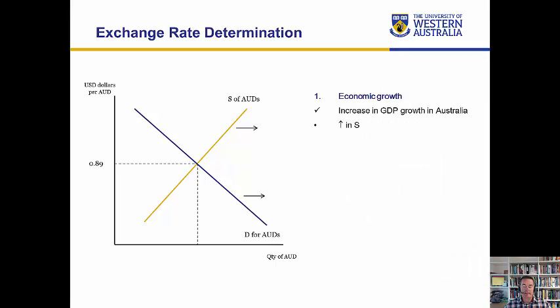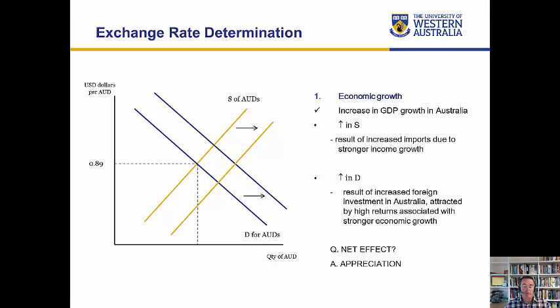Okay, now let's consider some of the main driving forces behind exchange rates. So what are the main factors that actually move the value of the Australian dollar? The first one I've got is economic growth, and an increase in GDP growth in Australia increases both the demand for the Australian dollar and the supply of the Australian dollar.